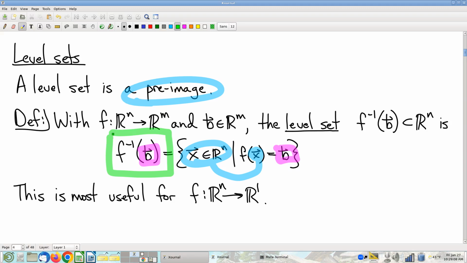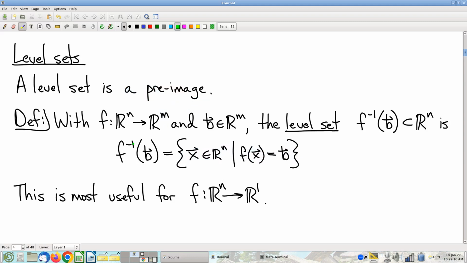It's like we're going backwards through the function, and thus the F inverse notation. And to be fair, F inverse is not a function. This function is not invertible, probably, since N and M are different values. But nevertheless, this notation communicates the idea of going backwards.